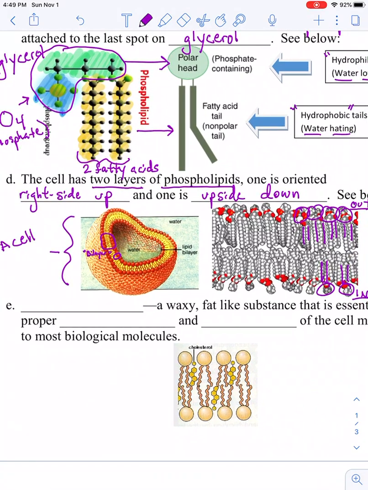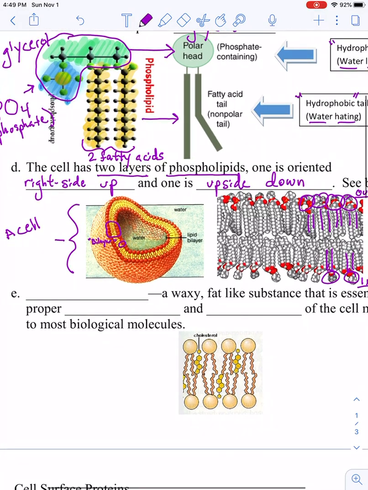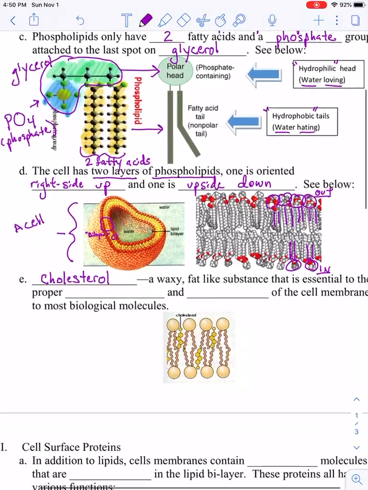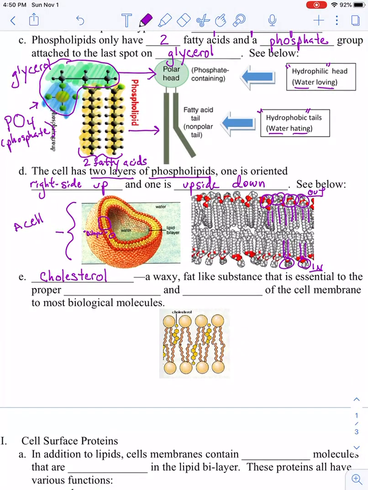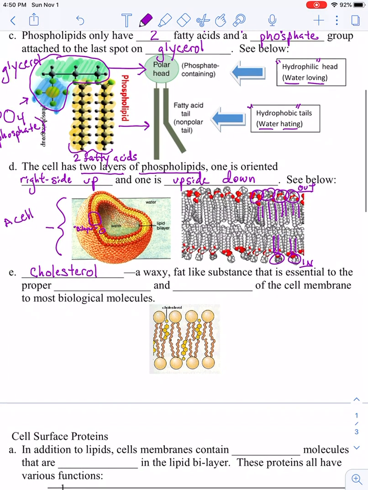Now, it's not just fat that makes up the cell membrane. There are other parts. Another component of the cell membrane is cholesterol. You might have heard cholesterol being bad for you, and it can be bad in your food in excess. However, you do need cholesterol embedded in the cell membrane because it helps to maintain the proper fluidity and permeability of the cell membrane. Now, cholesterol is a waxy fat-like substance. You don't have to know the exact chemical composition of it for this class.